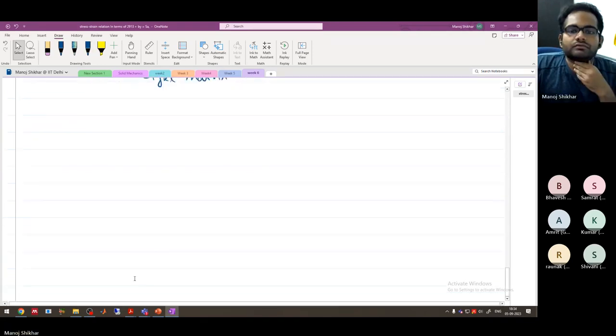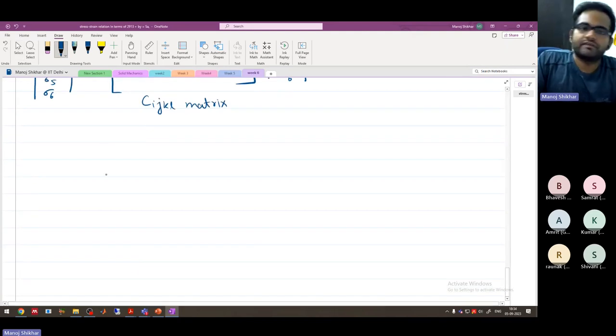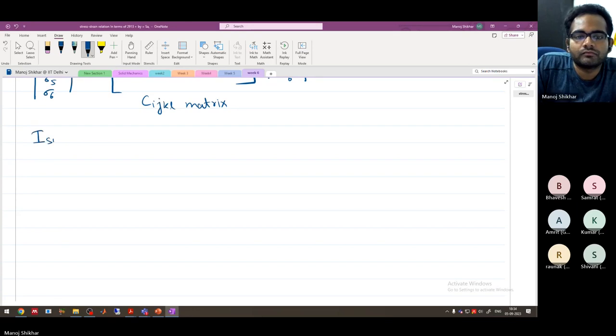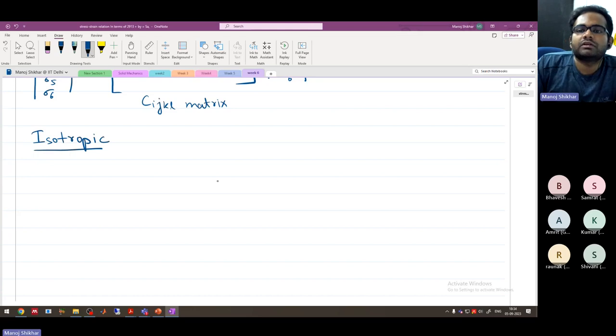Now we will talk about a specific material called isotropic material. Now there are two words here I'd like to discuss. First, the word isotropic. Isotropic means suppose here we have a point, and we want to measure a property, Young's modulus, at this point.